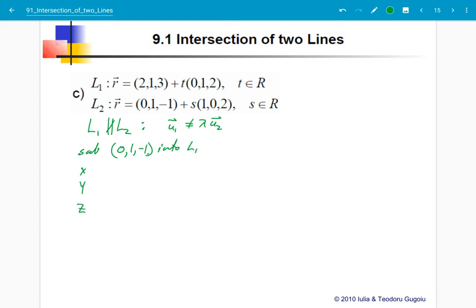Okay, so here we go. I have 0, 1, and -1 are the three components from line 2, that point. I have 2 plus 0t. Oh, right away, I mean, I can finish. But notice right away, this is impossible, isn't it? Let me just finish.